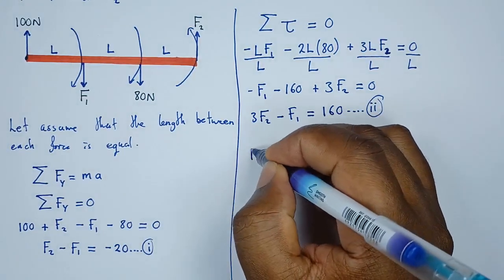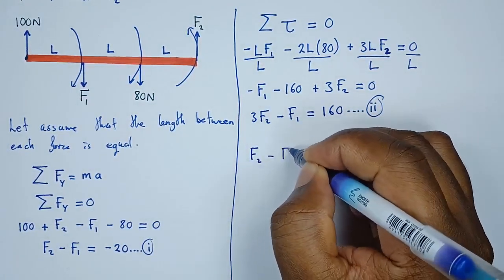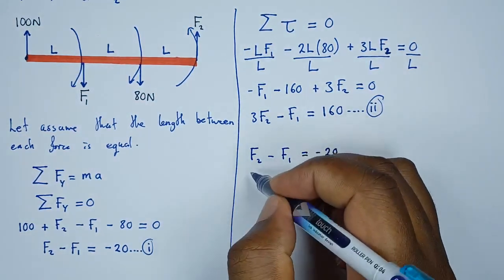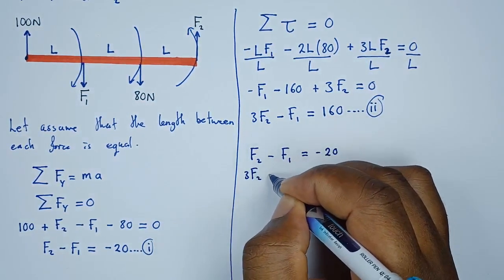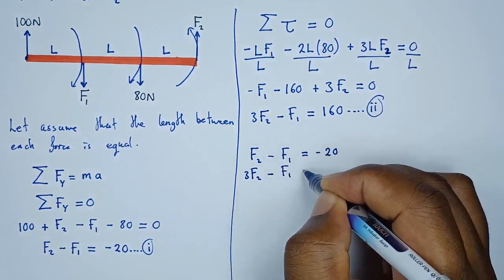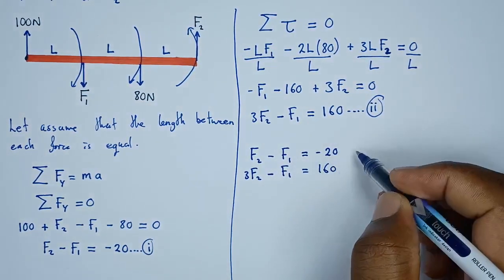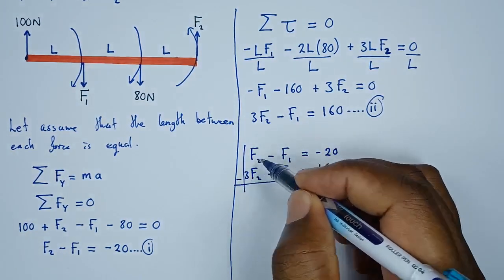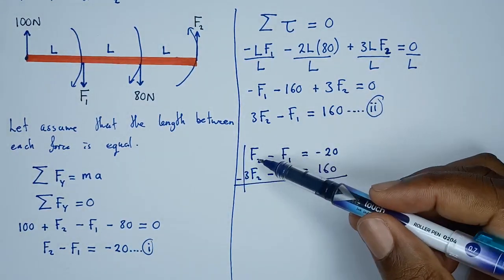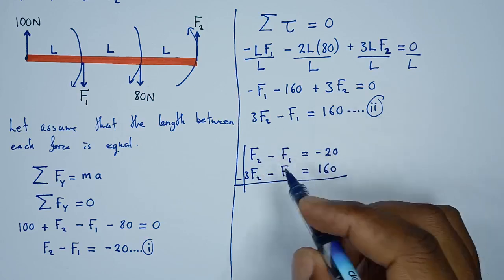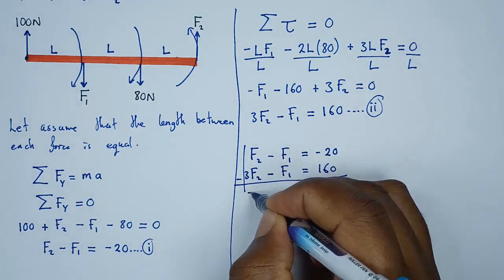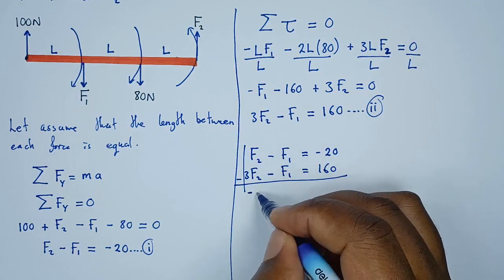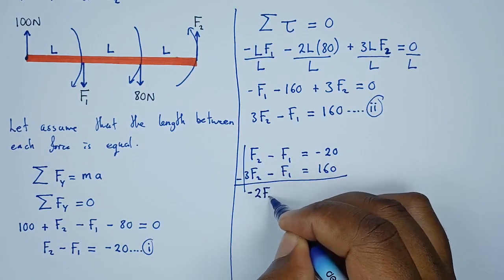So equation 1, we have F2 minus F1 is equal to negative 20. Equation 2, we have 3F2 minus F1 is equal to 160. Okay, so we can eliminate by subtraction. If we subtract here, we get negative 2F2.